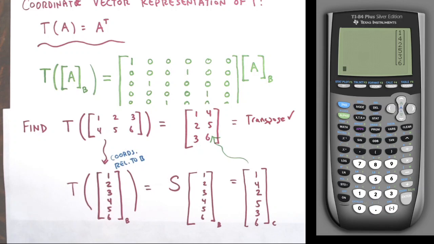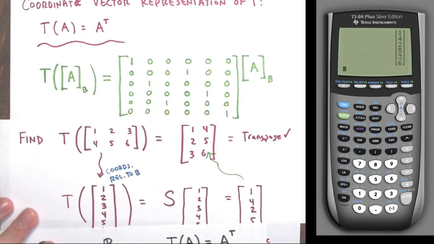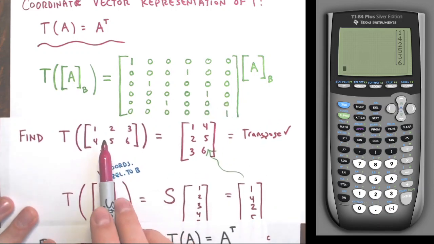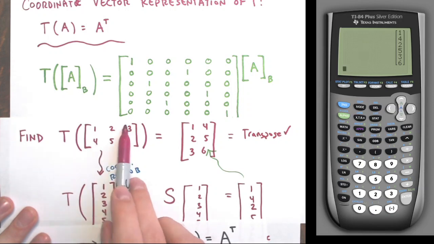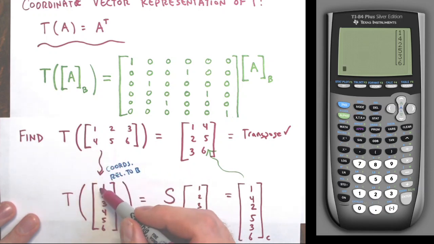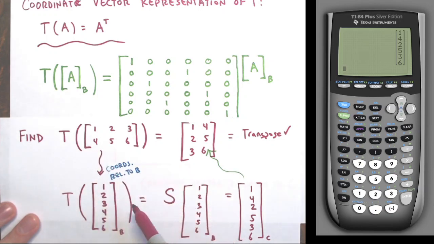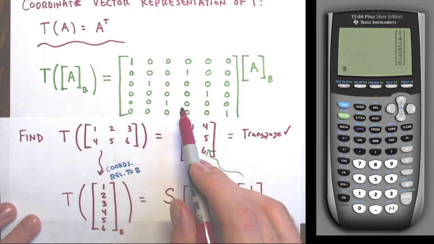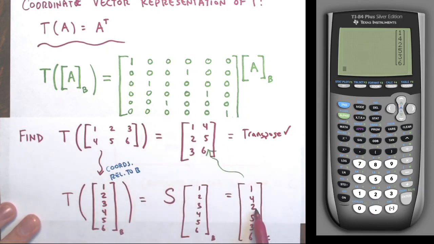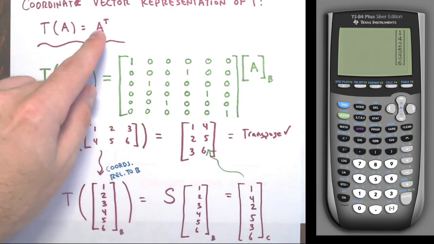But this will work for any matrix. I'm not going to do any more here because the calculator app is getting slow on me today. But if I put any matrix in here, change it to its coordinates relative to B, then multiply those coordinates by this giant standard matrix, I'll get the coordinates relative to C, and then I can translate back to give me the output. Now I know this was an easy one where you could just take the transpose.